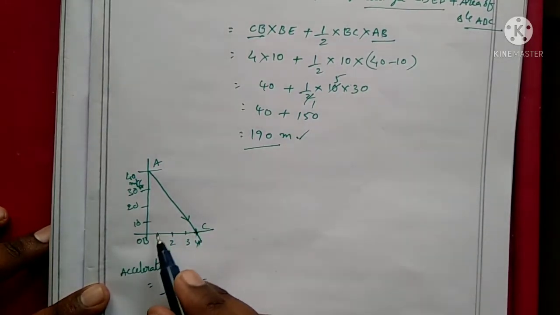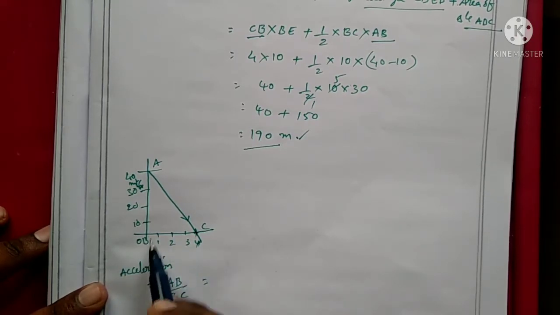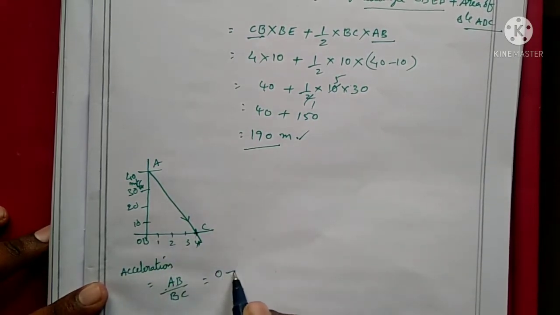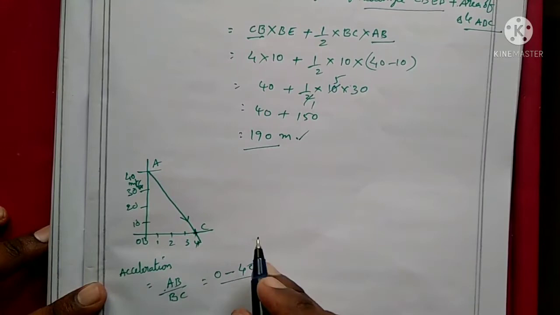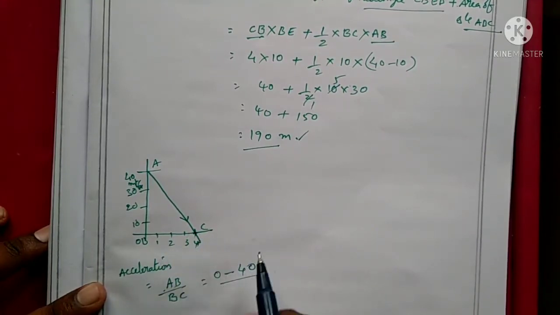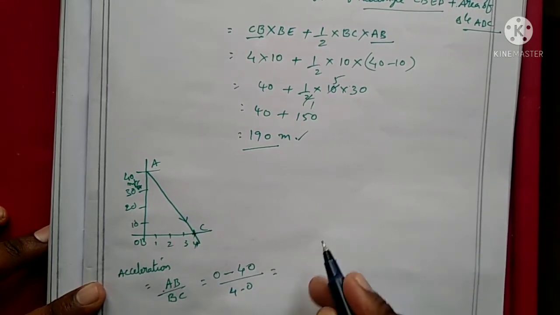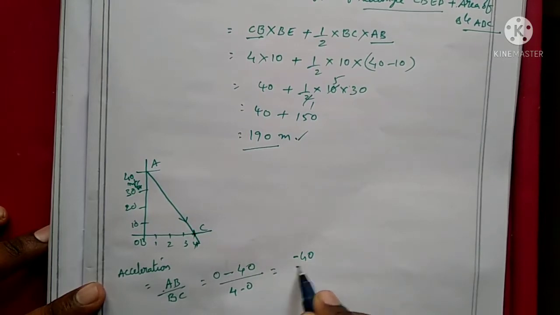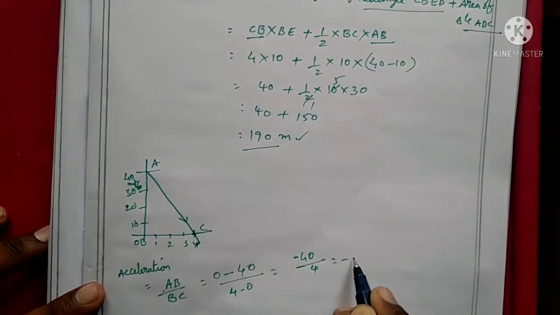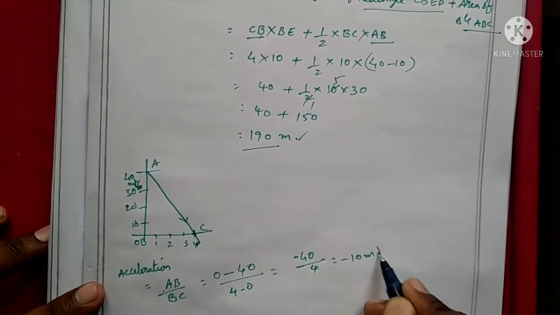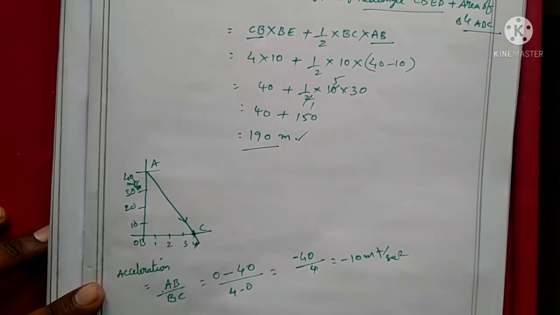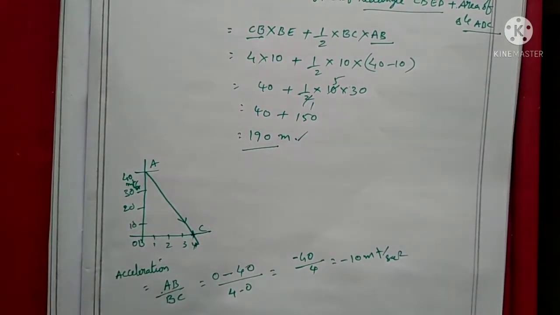So AB by BC, that means from increasing 0 minus 40 by BC, which means 4 minus 0. Minus 40 by 4. It is equal to minus 10 meter per second square.